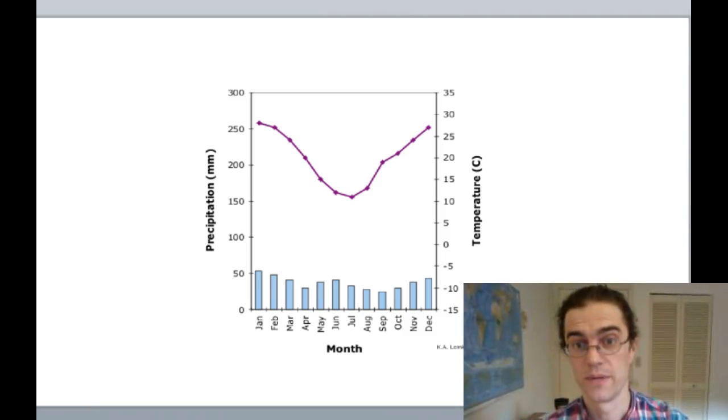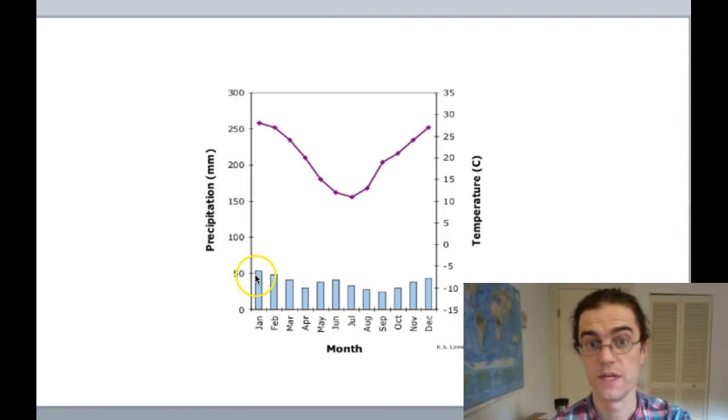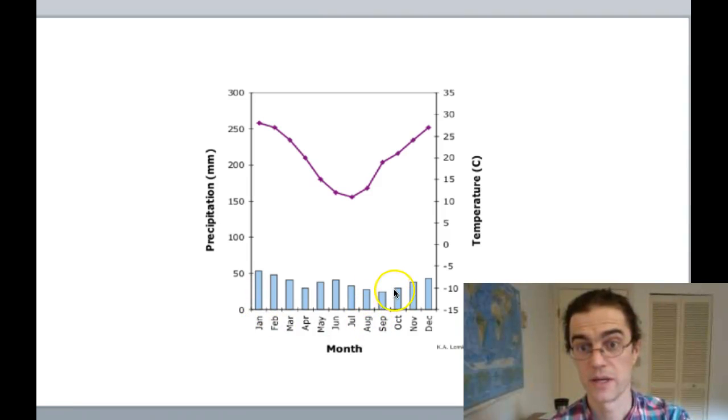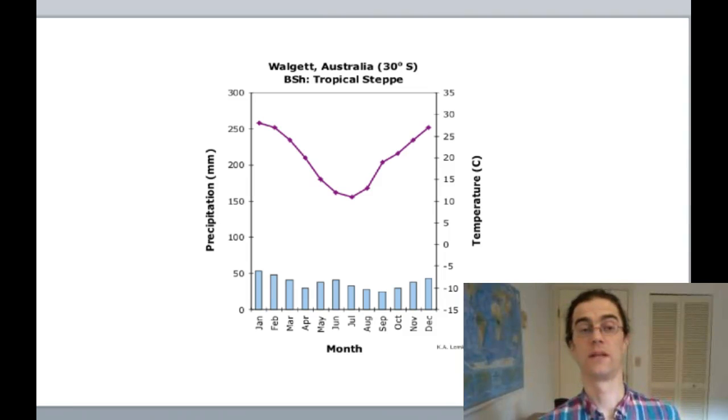And our precipitation is across the bottom, the bars, in this case in millimeters, averaging around 50 millimeters per month in the summers, and dropping into August, September, a little bit lower precipitation there. But this is for, as we said, the southern hemisphere.